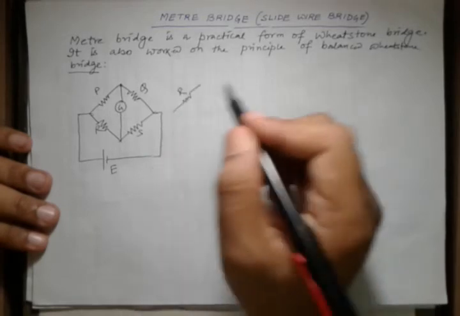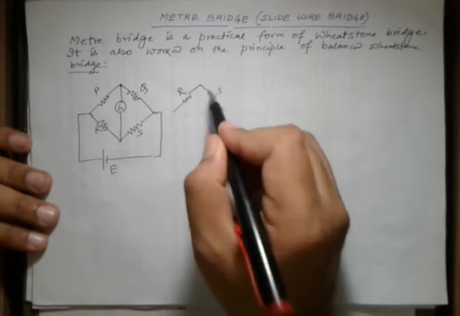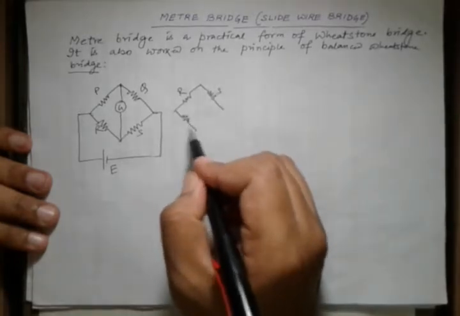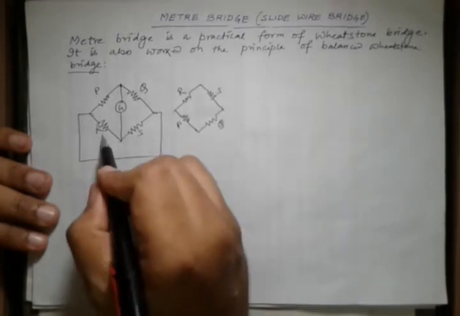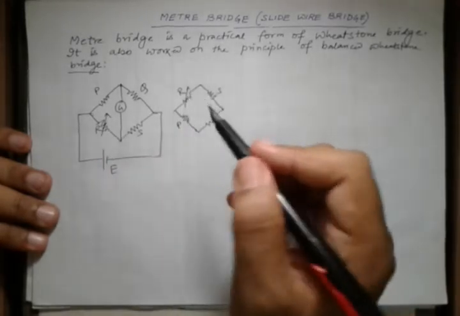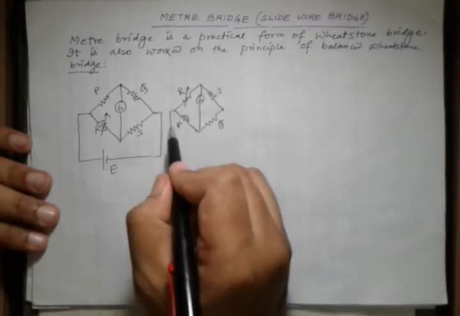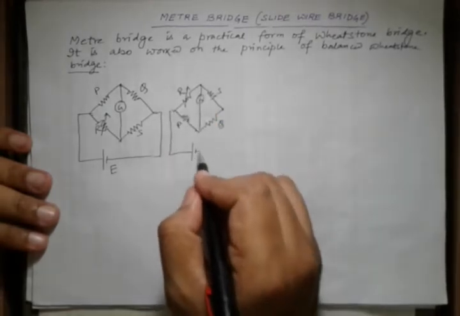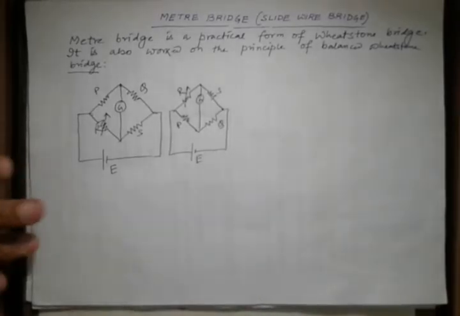R will go to here, then S will come to here, then P will be here, and Q is here. This one is variable, this one also becomes variable. So this is G, and this is your E. Just alter this a little bit.